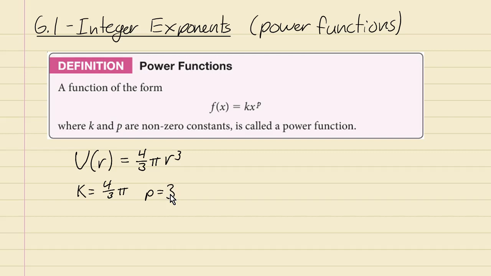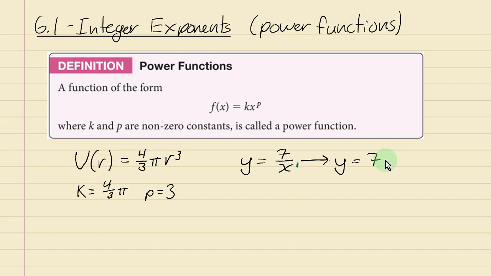Another one is, let's say you have an inverse variation relationship, like y equals 7 over x. So this is an inverse variation, just like from section 5.4, because the x is in the denominator with a constant number in the top. It's not written like that yet, but you could write it in the form of a power function, y equals 7 times x to the power 1 in the bottom.